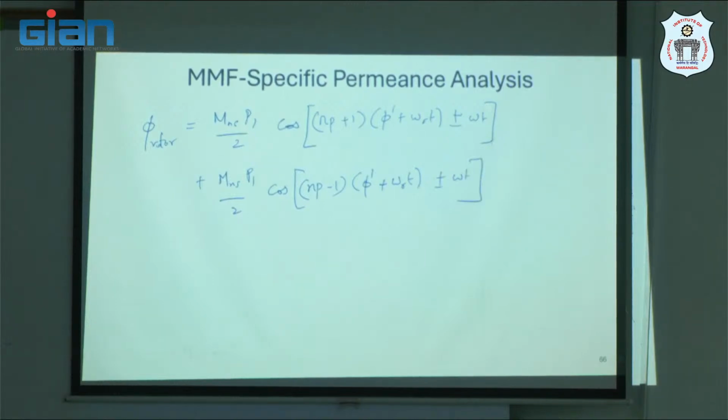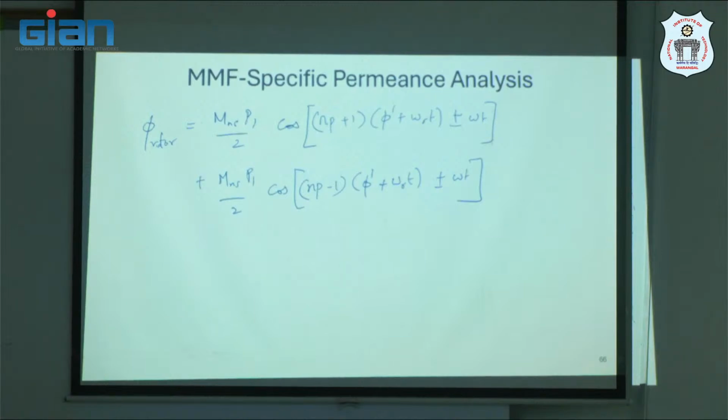So the same flux density, when we look at it from the rotor frame of reference, will be represented like this. Any questions at this point? We haven't done anything extraordinary. We are just multiplying one component of the permeance function with MMF and expressing it mathematically.